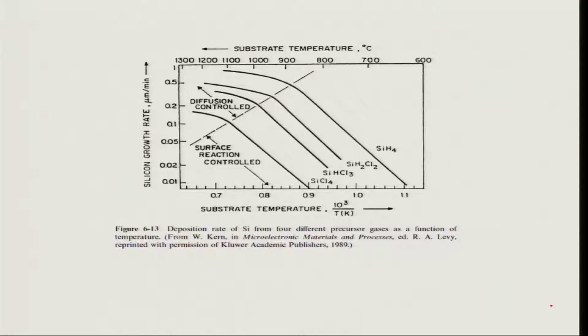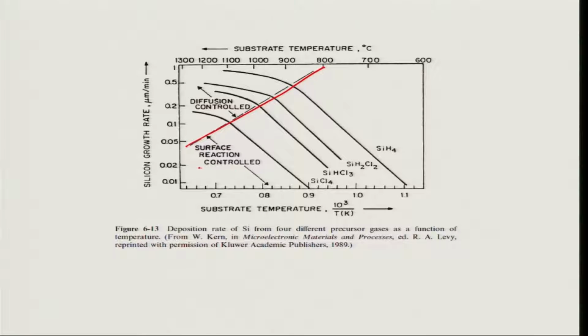If you look at this graph, the substrate temperature and the deposition rate for deposition of silicon from silane gas using different gases is shown. Now, in this region, this is a demarcation line of two different regimes.